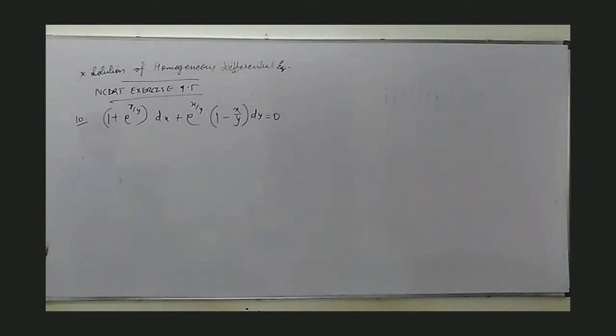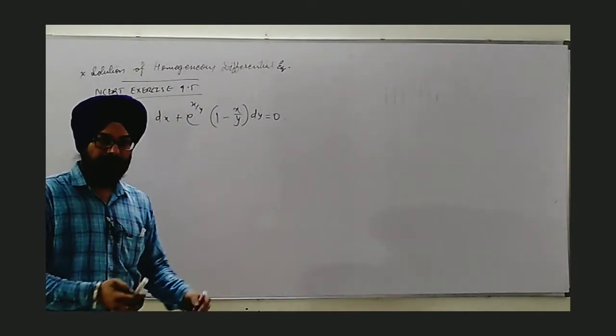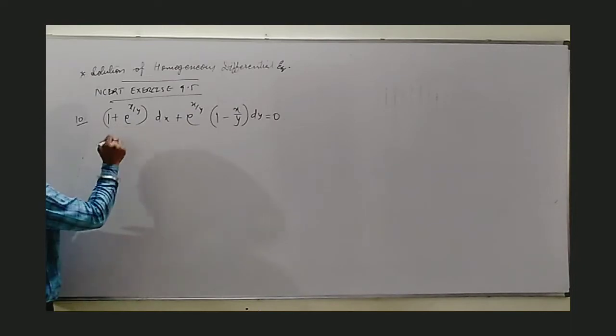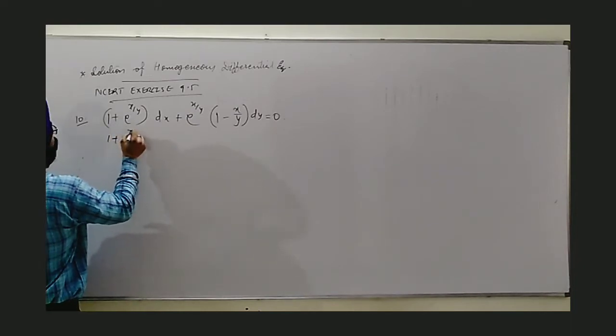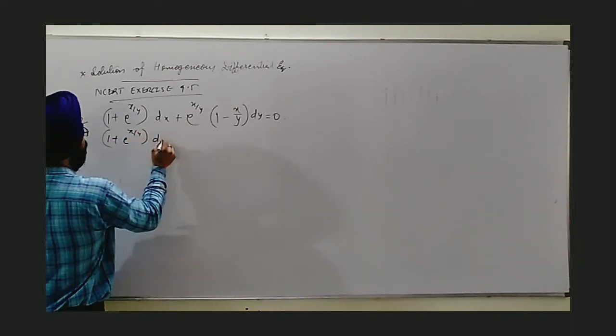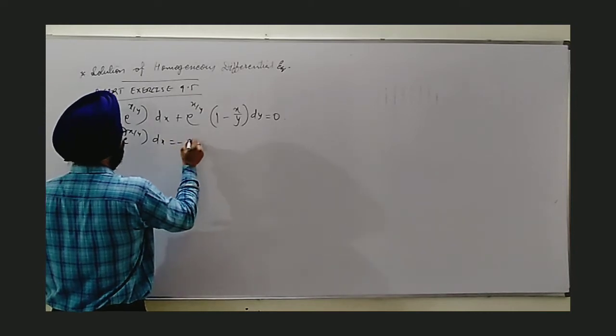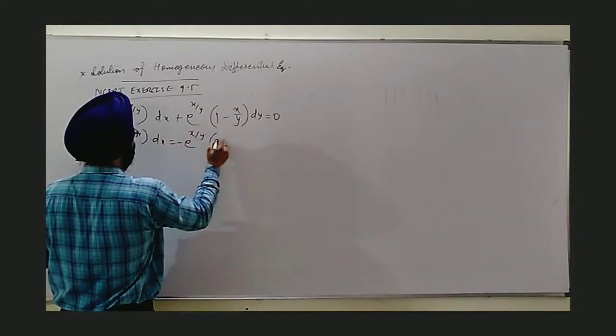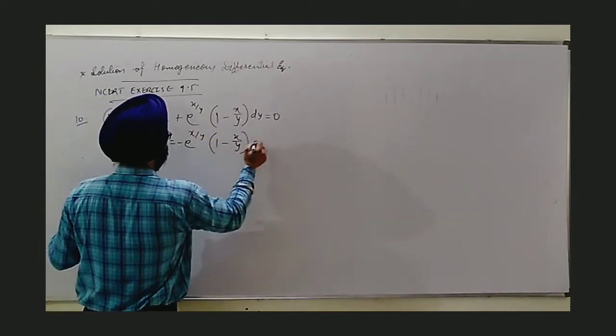Now I have selected question number 10 as the next one here, because we are having x upon y available in the equation. So let's start. Here I will explain the solution. Okay, as dy by dx we will obtain first. I see 1 plus e raised to the power x upon y dx can be written as minus e raised to the power x upon y times 1 minus x upon y dy.